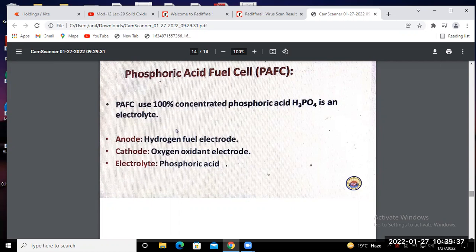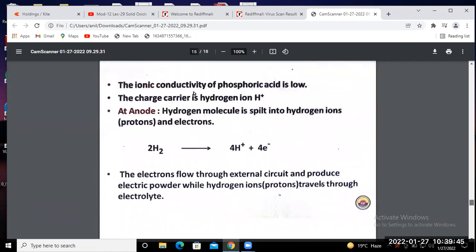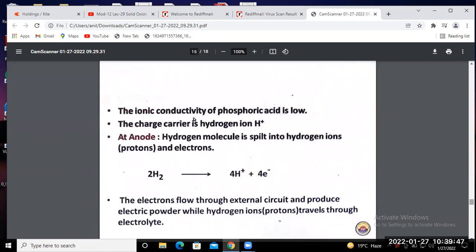But here we use H3PO4. Now concerning their chemical reaction, in the phosphoric acid fuel cell the ionic conductivity of the phosphoric acid is low, so the charge carrier is the hydrogen ion, H plus.